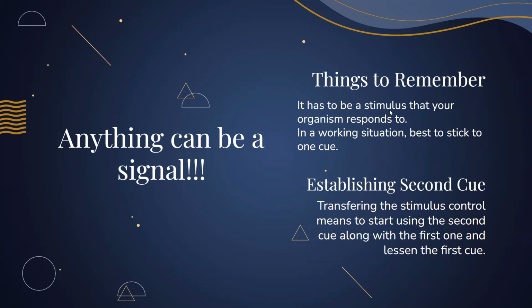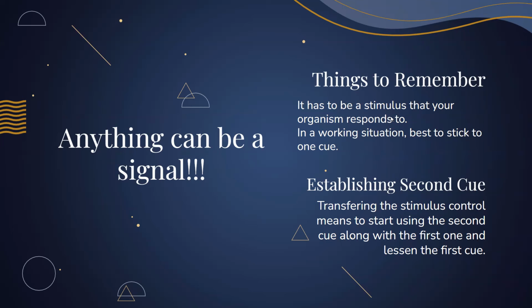In a working situation, it is best to stick to one cue. A working situation being like, if you're a dog trainer, you don't want to keep changing the cue for every single dog, like a clicker for sit for one dog and a snap of a finger for another. It is best to stick to one cue.